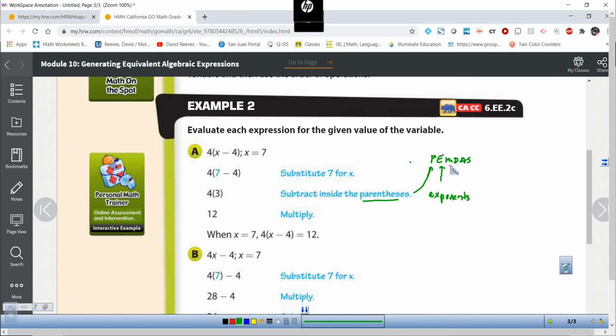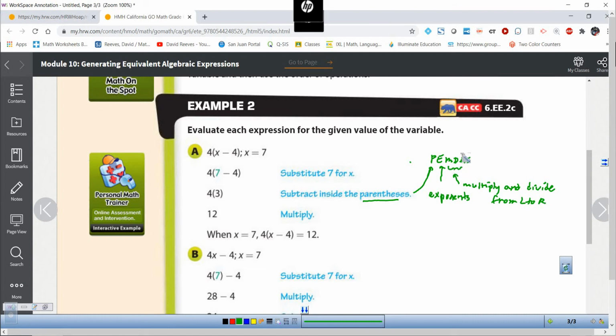All right, and here's where it gets a little tricky. M and D are multiplication and division, right? But we have to do it from left to right. So multiply and divide. But remember, we do it from left to right, which means sometimes division comes before multiplication.